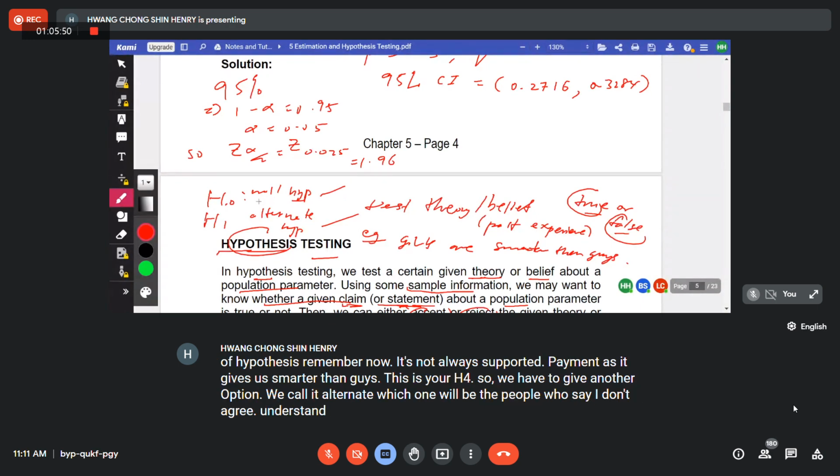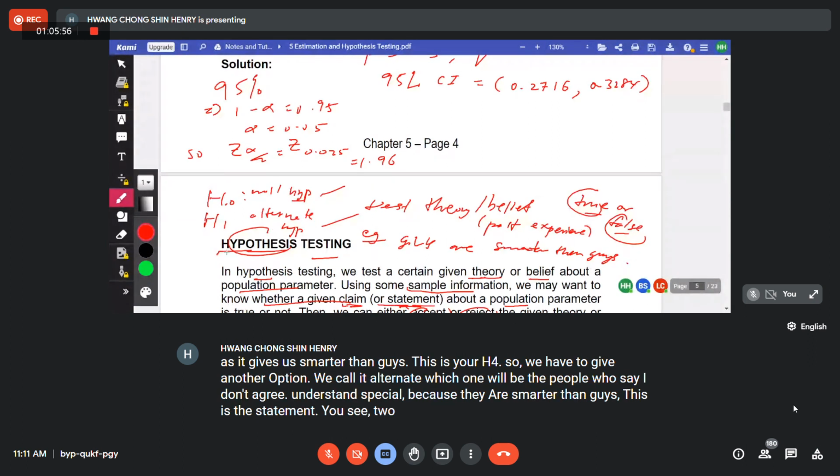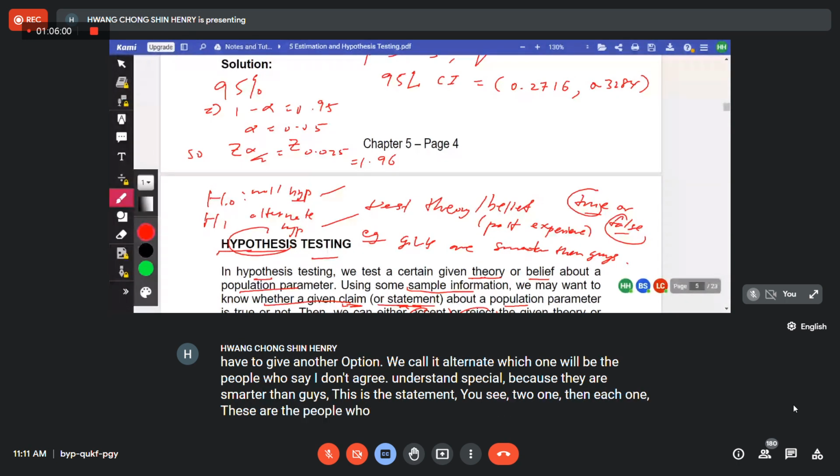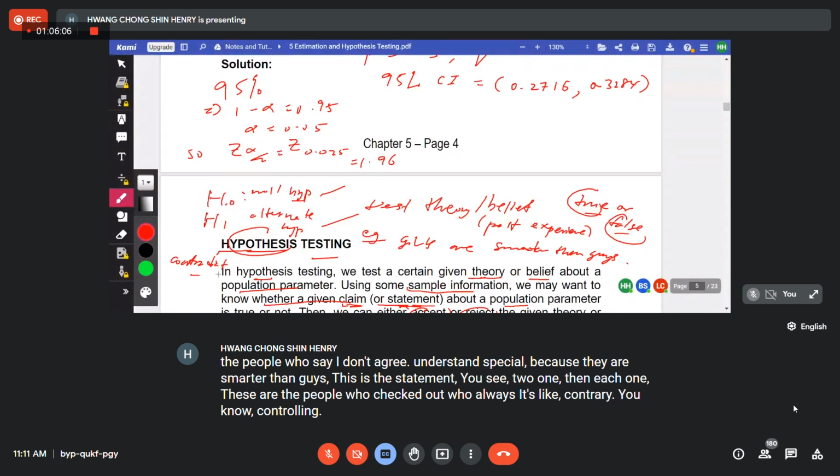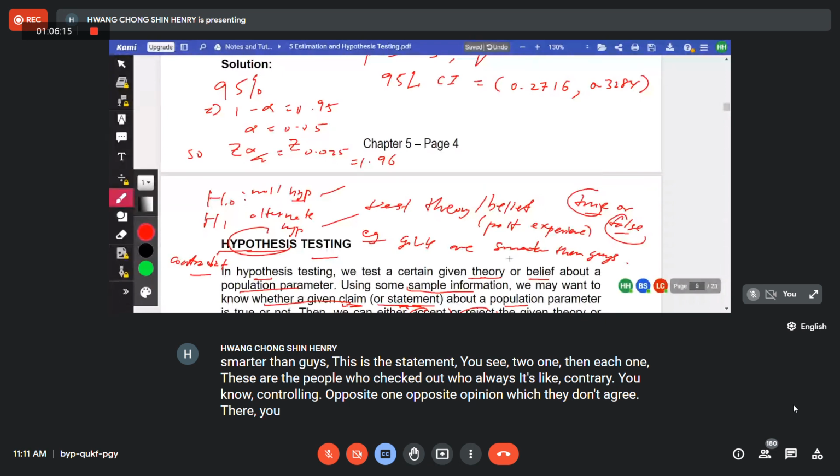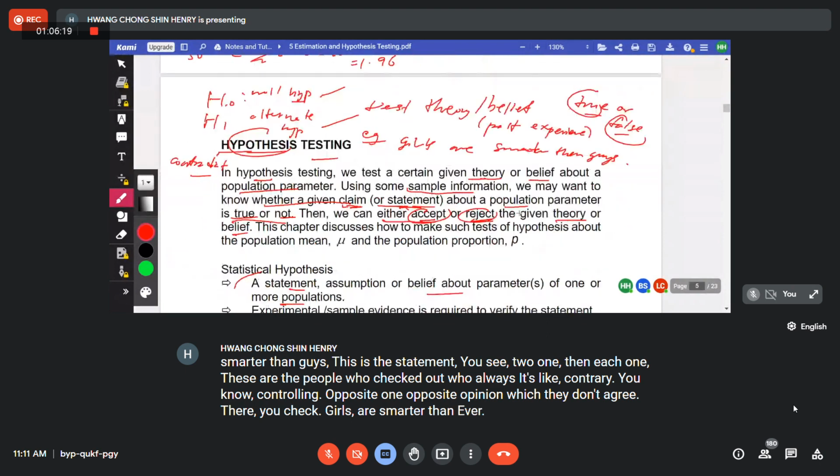Understand? H0 people say girls are smarter than guys. This is the statement. They say it's true. Then H1 is who? These are the people who reject, who always contradict. You know what's called contradict? Opposite opinion, which they don't agree. They will reject that girls are smarter than guys.